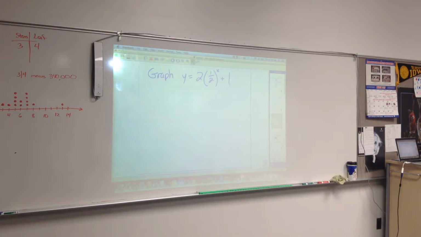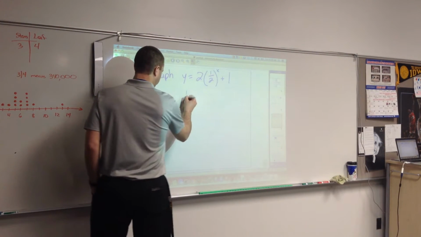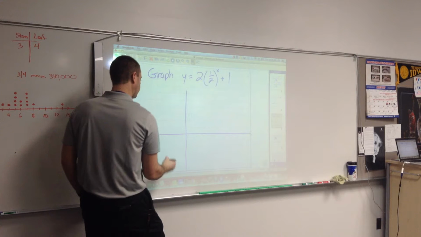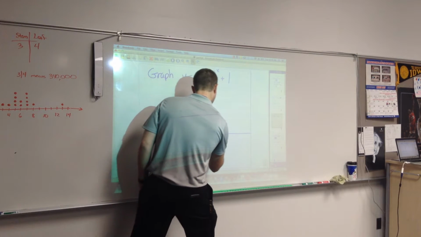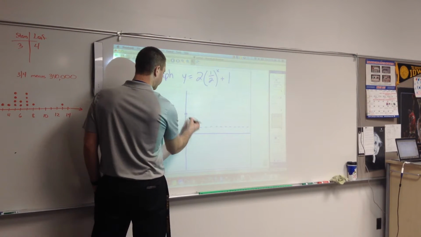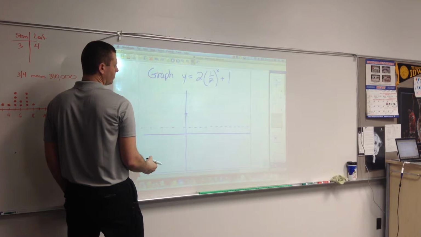The b value is less than 1, between 0 and 1. That's half, 1/2, 1/4.